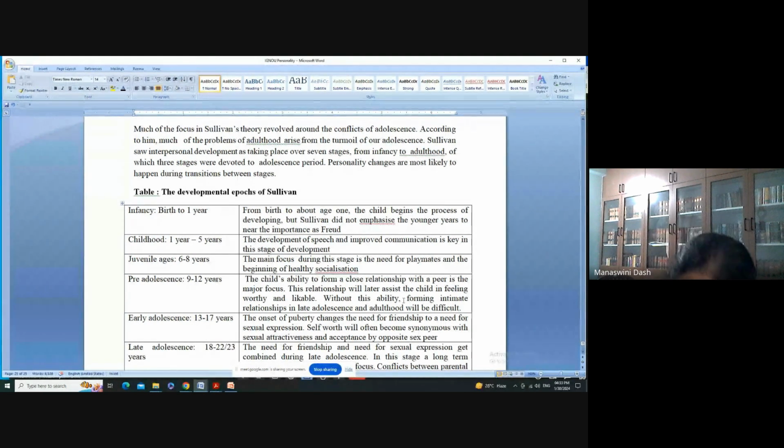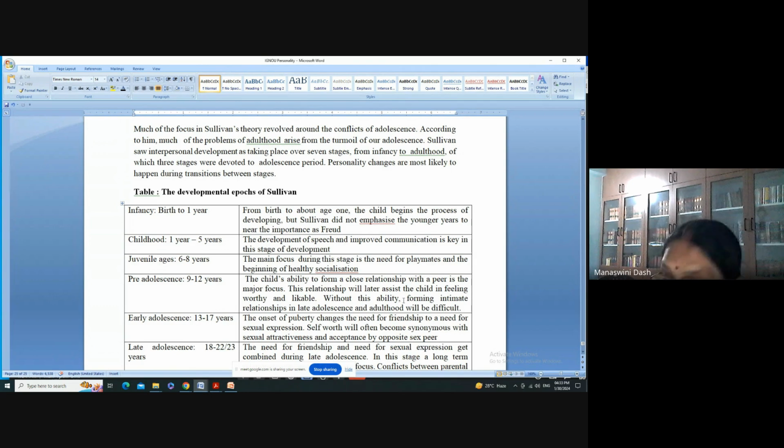Secondly, according to Freud, development is complete by the time the child reaches adolescence. But Sullivan's theory of personality development goes beyond adolescence.